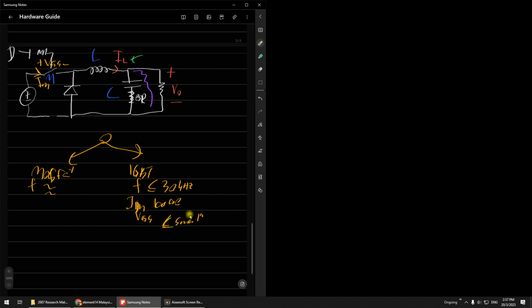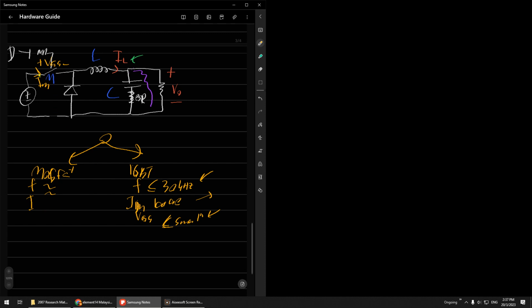So the advantage is you can use IGBT for higher power application, and of course the loss is much lower, but the frequency needs to be very low. But for MOSFET is very high frequency, that is the advantage, but there is a limit on the current.